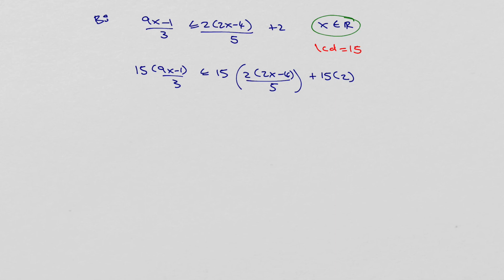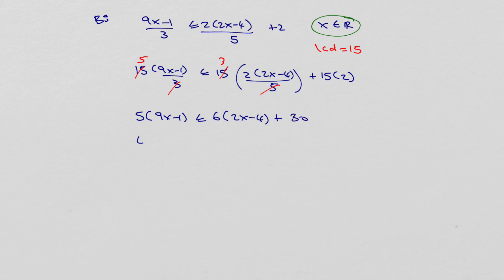So 3 goes into 15 5 times, 5 goes into 15 3 times, and then I'm left with 5 times 9x minus 1, less than or equal to 3 times 2, which is 6, times 2x minus 4, and 15 times 2, which is 30.